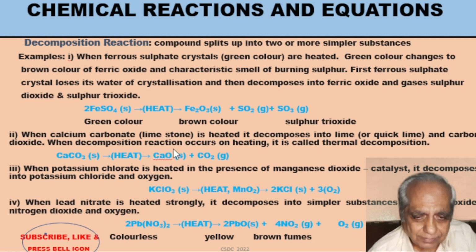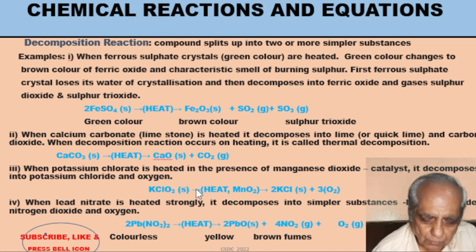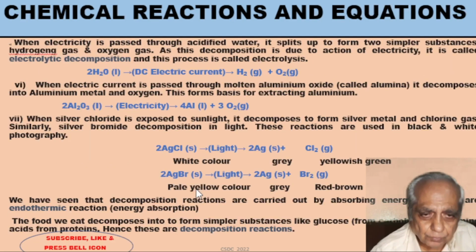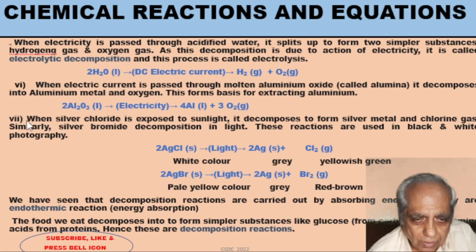But sometimes they ask the question, give the action of heat on lead nitrate, give the action of heat on potassium chlorate. So you can't miss any equation or any reaction that has been given in the textbook. Is it alright? So now we'll go to the next.